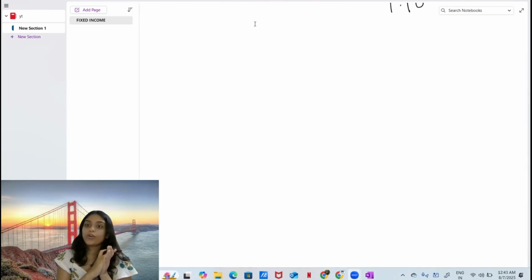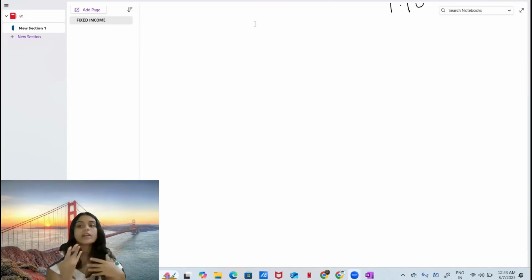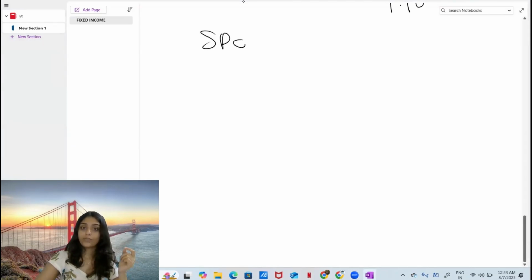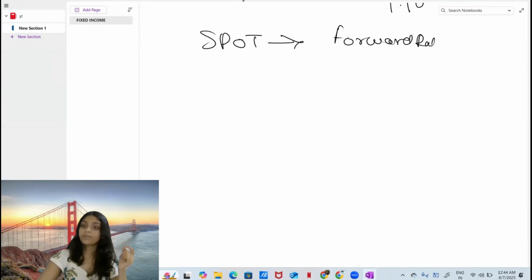Next, what you'll have to do is calculate forward rates using spot rates. So they'll give you spot rates for different years and you'll have to calculate forward rates using them. How do you do it?